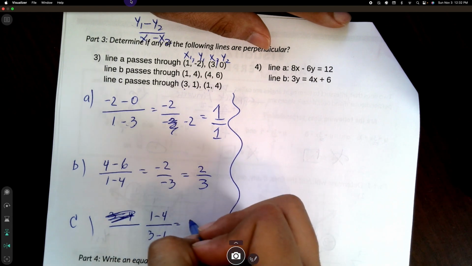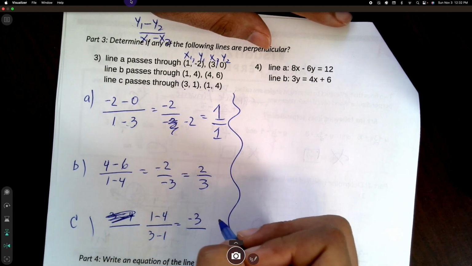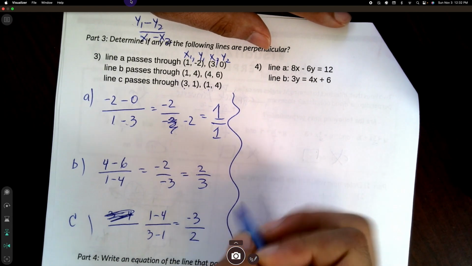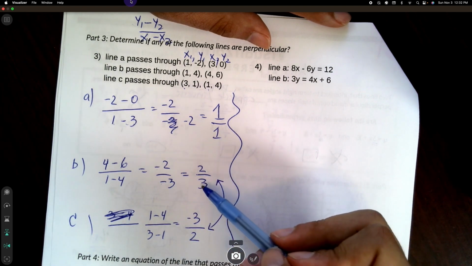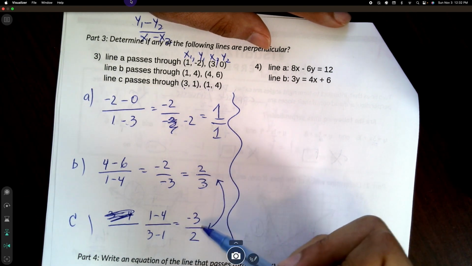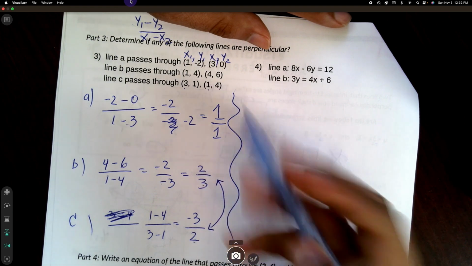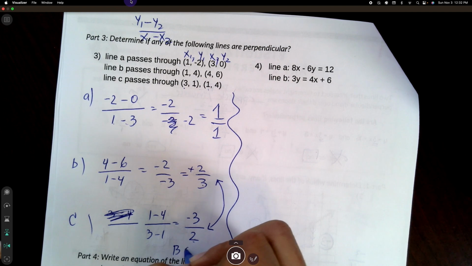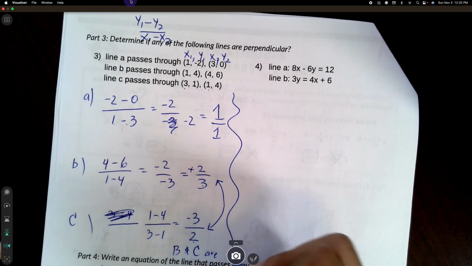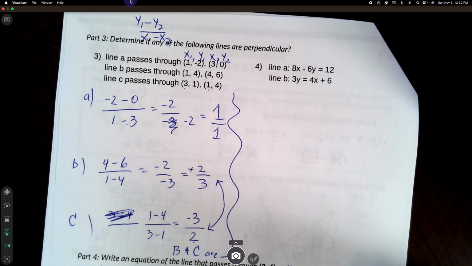So this is negative 3 and then 2. So these two are perpendicular. See how we have a 2 and a 3, 2 and a 3, but they're flipped, and then one's positive and one's negative. So these are perpendicular. So B and C are perpendicular.